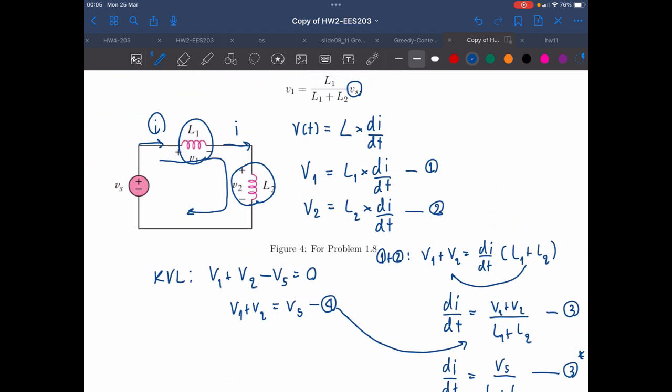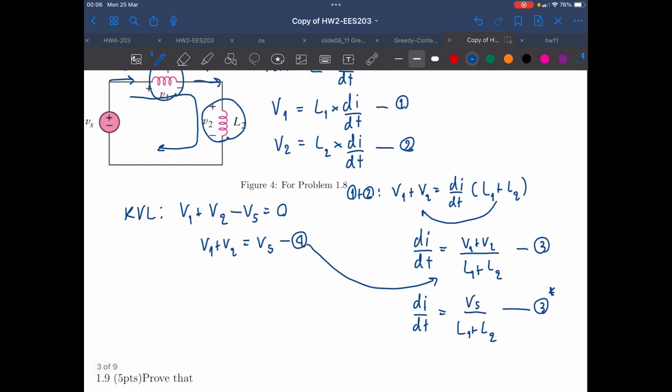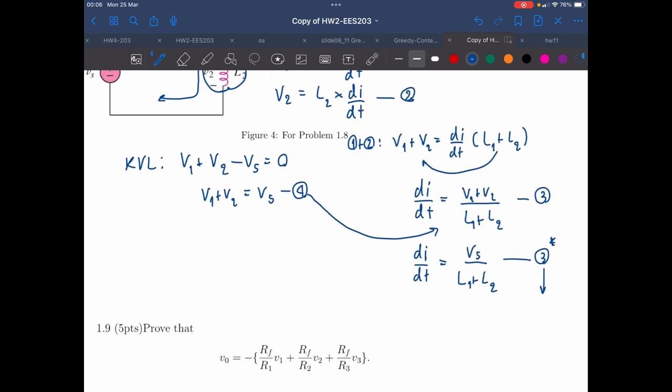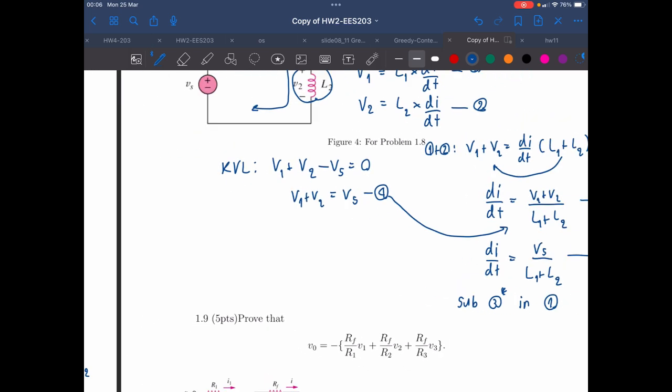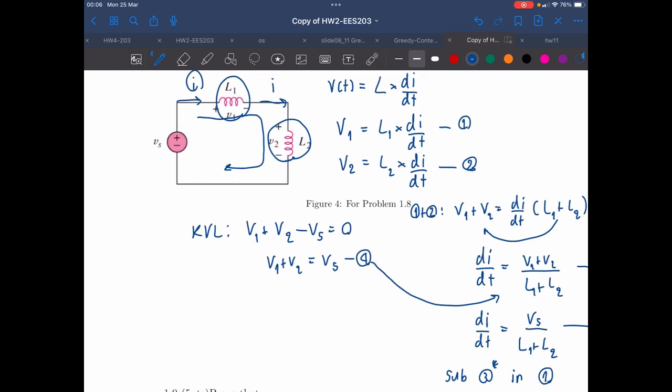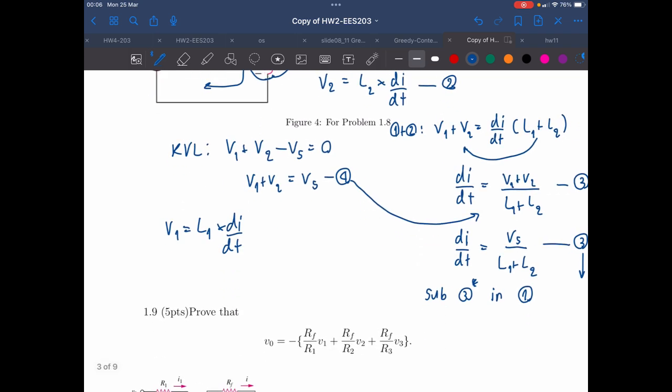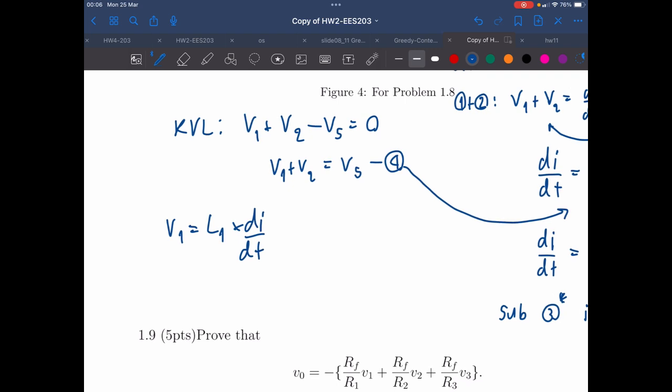What we want to do next is substitute this equation, which I'll call 3 prime, into equation 1. Let me write here. From equation 1, V1 equals the inductance L1 times the derivative of I with respect to t. So we substitute the value of the derivative of I with respect to t.